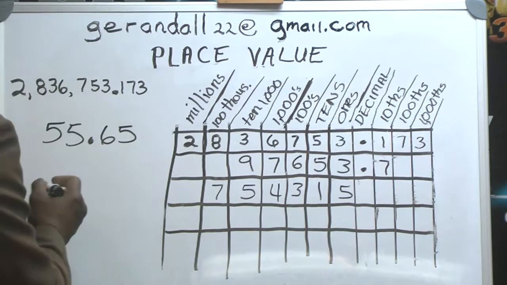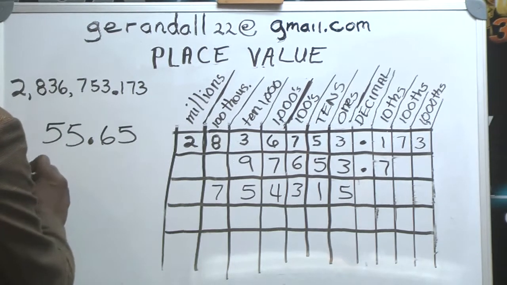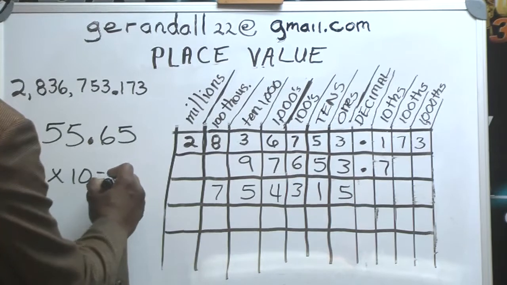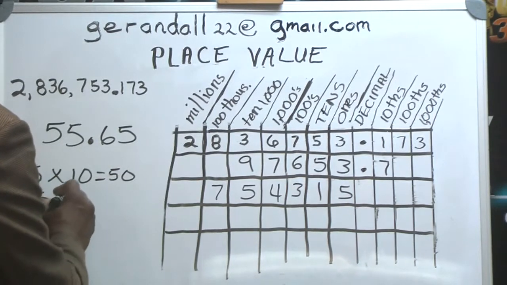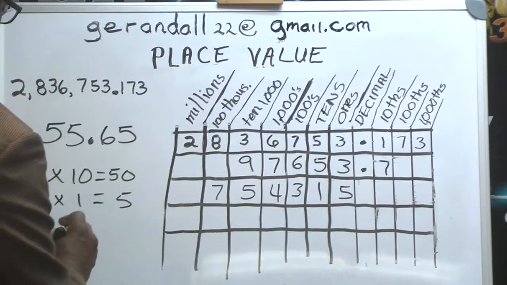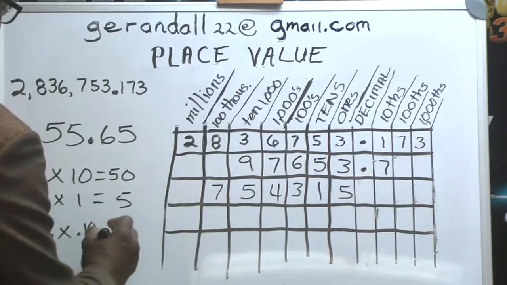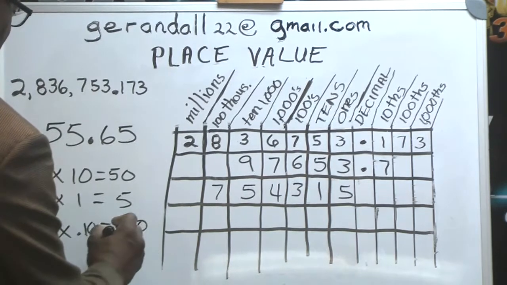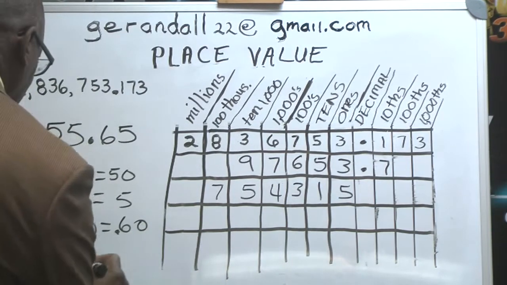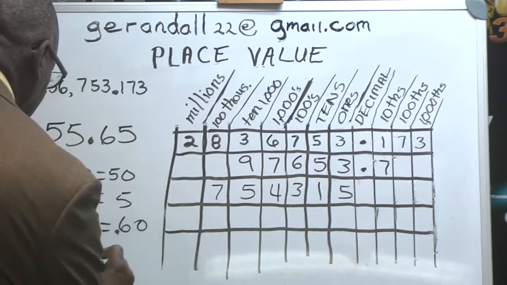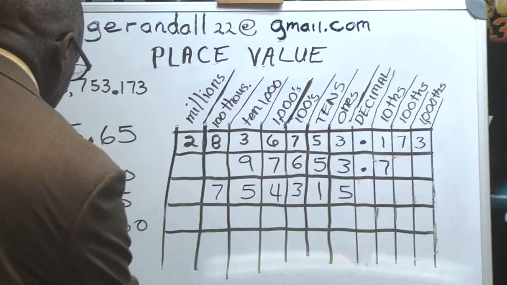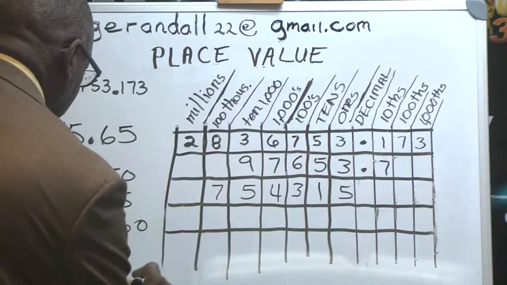And again, if we do it in expanded form, that's 5 times 10, which is 50. 5 times 1, 5. 6 times 1/10, which is 60 cents. And 5 times 100th. And when you add that, you get 55.65.